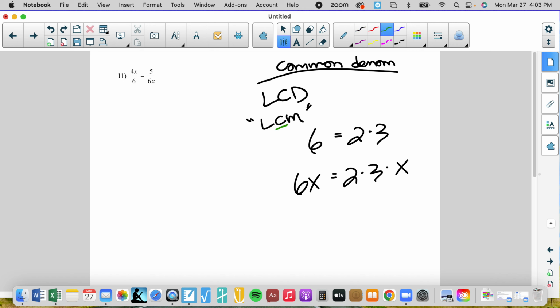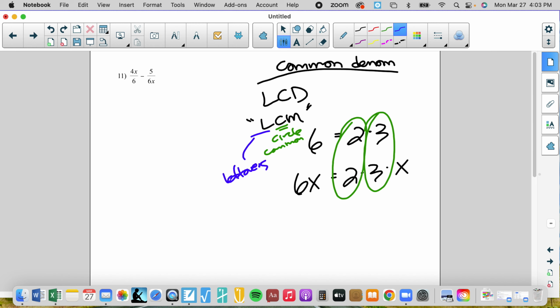So the first thing we're going to do is circle what they have in common. So what do they have in common? They have a 2 in common, they have a 3 in common, and then the L is the leftovers. What do they have left over? They have an x left over. So my LCM is what they have in common, a 2 and a 3, and then what they have left over, which is x.